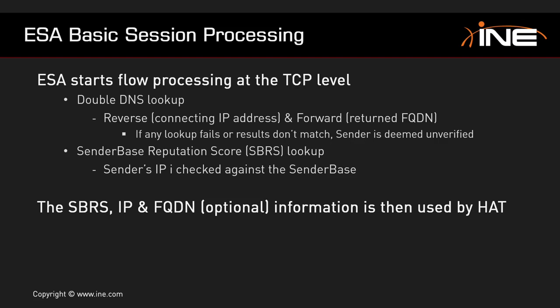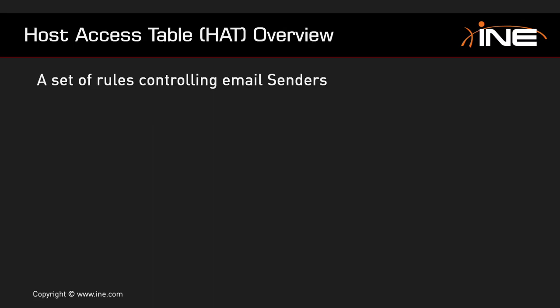Okay, and this information collectively is what is also going to be used by the first of our access tables, known as host access table. Host access table is one of the two, I would say, critical ESA components.